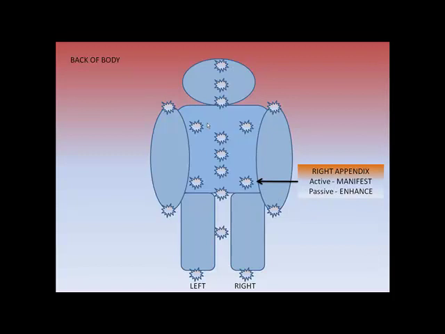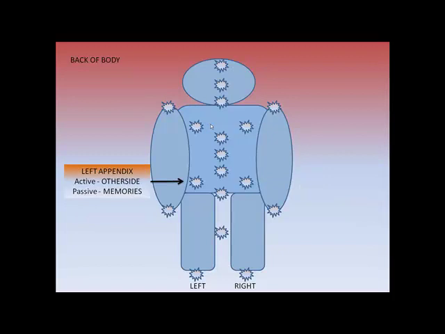In the area of the appendix, on the right appendix, the active is manifesting things that we need and passively enhancing our set of circumstances. On the left appendix, it's actively pursuing what's on the other side and passively remembering who and what, where, and when we are.